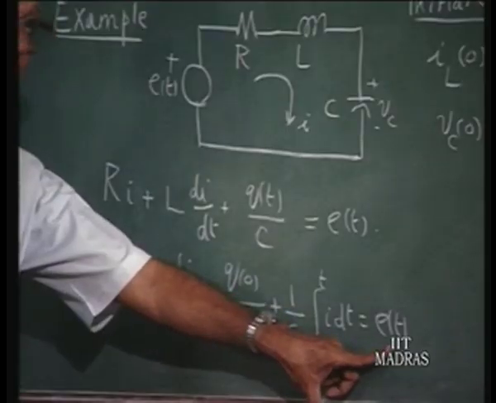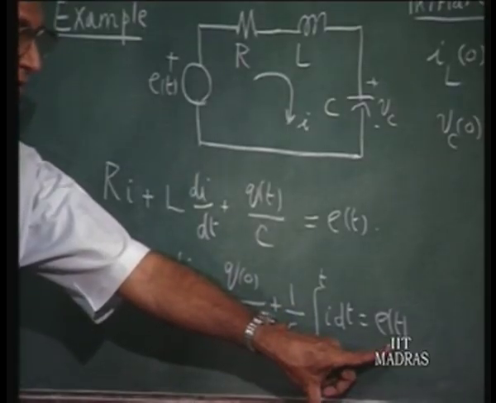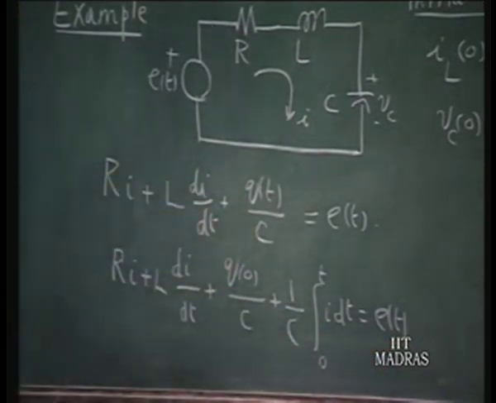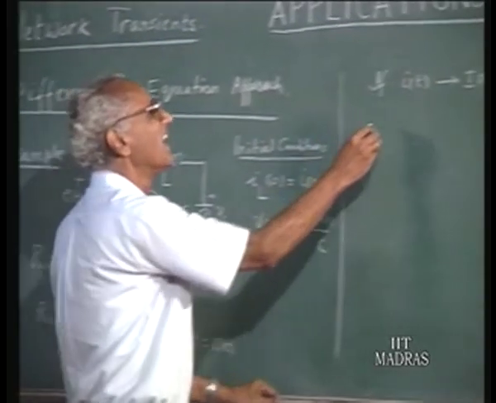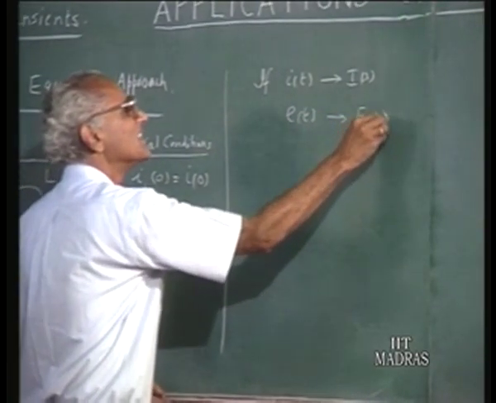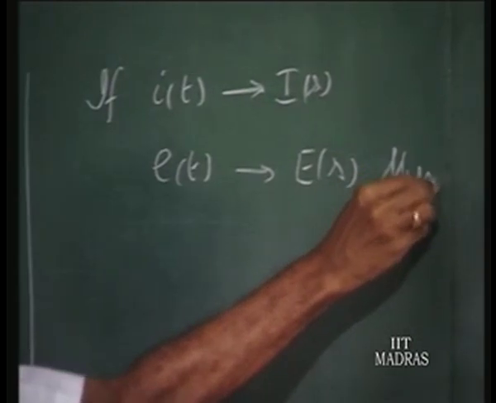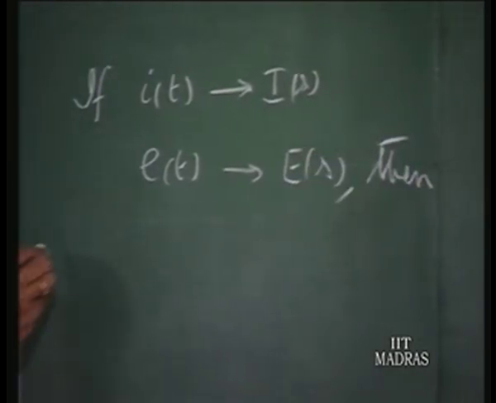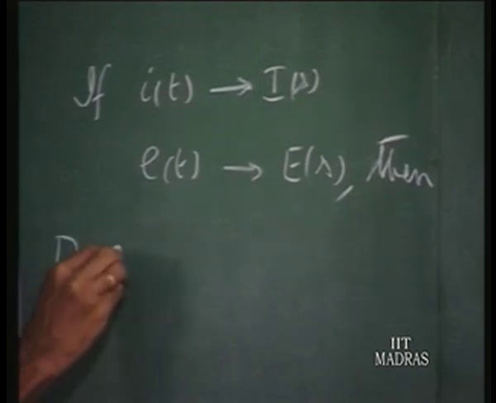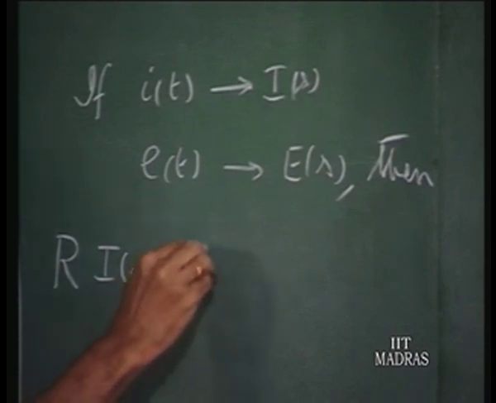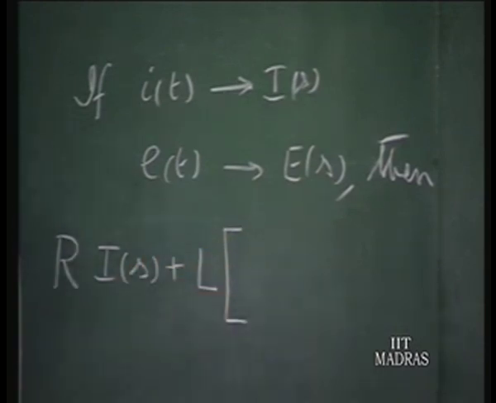The Laplace transform of E of t, suppose is capital E of S, then this will be capital E of S. So term by term we do the Laplace transformation, and let us say E of t has the Laplace transform E of S. Then term by term transformation of these terms will yield us R times I of S plus L times the Laplace transform of di by dt.